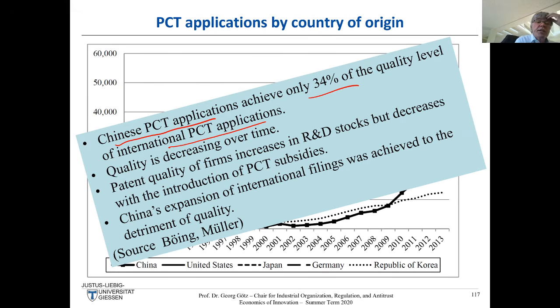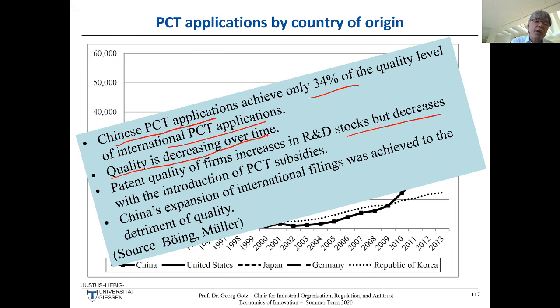Okay, and the important thing is you saw that the numbers are very much increasing, but the quality was decreasing over time. So in a sense, there was a government policy which said, okay, we want to have more patents, and then firms just do that. They churn out more patents, but as the quality of their research does not increase overnight, they just churn out more patents, however, of a lower quality.